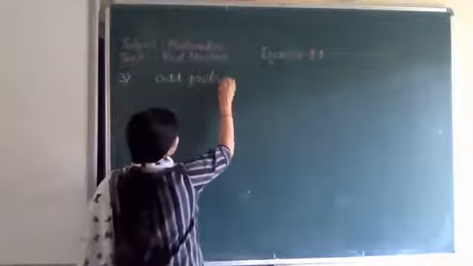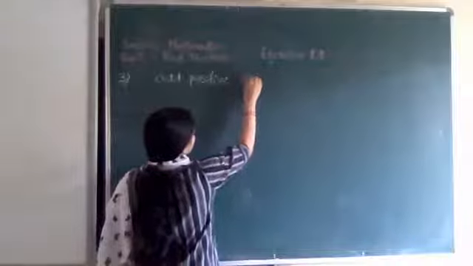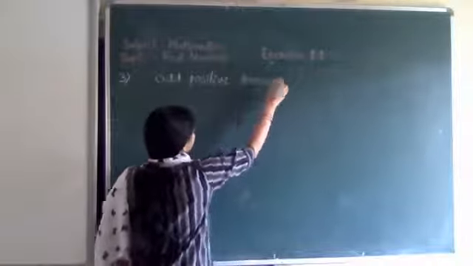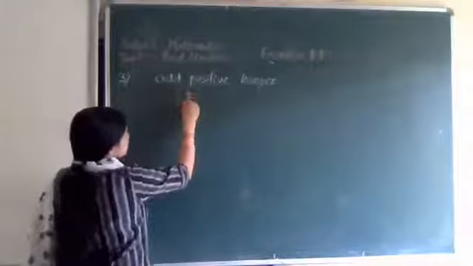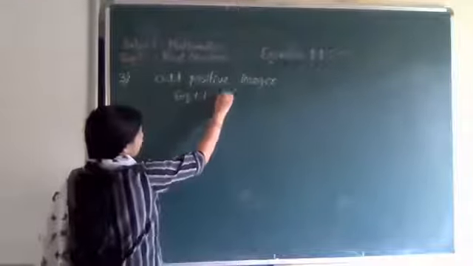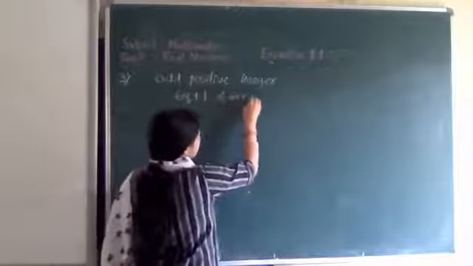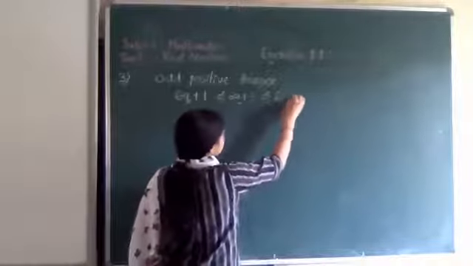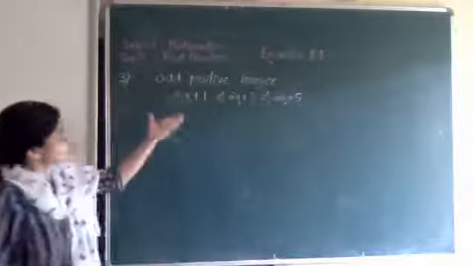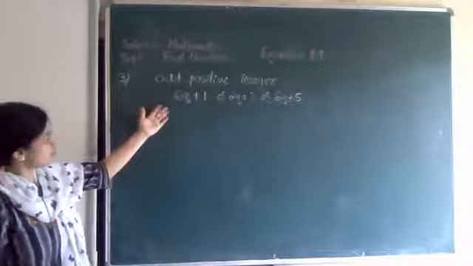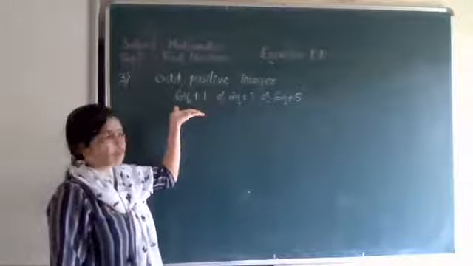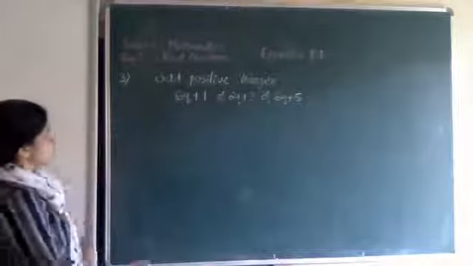What have they asked? Here they have given odd positive integers. We have to show that every odd positive integer will be in the form of 6q plus 1, 6q plus 3 and 6q plus 5.